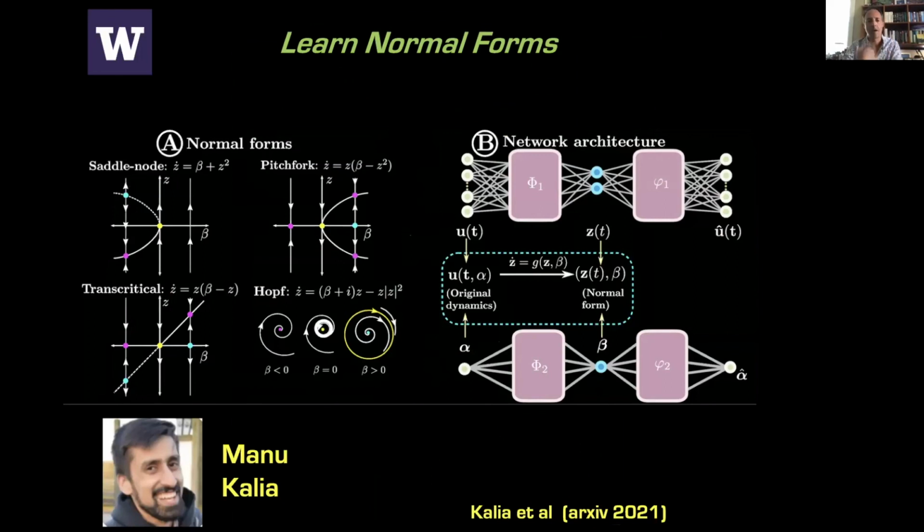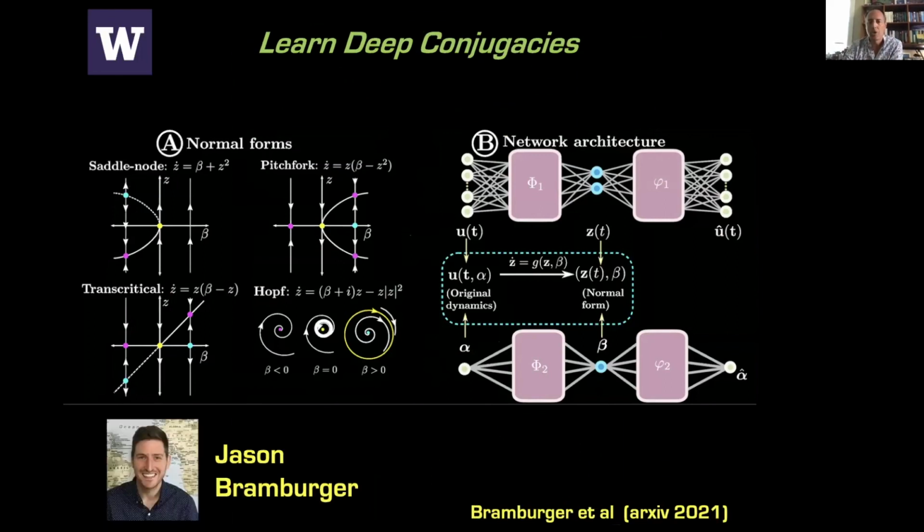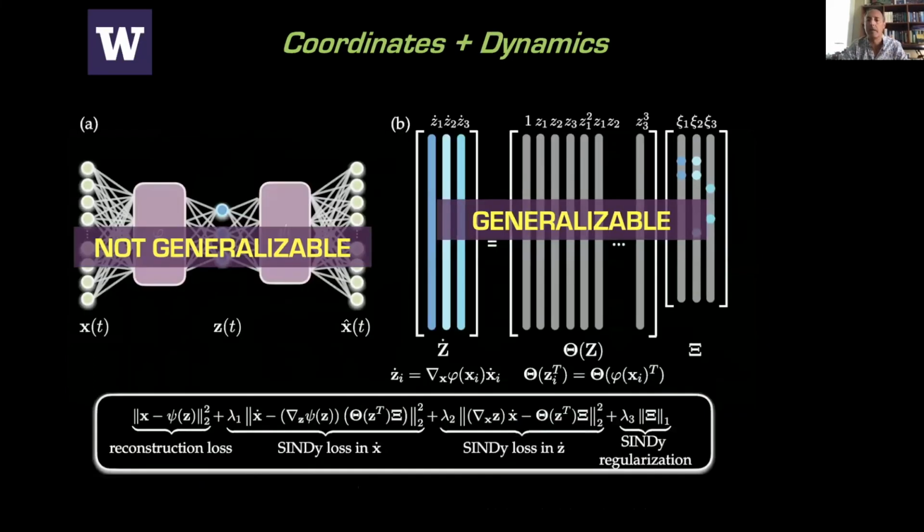This just got put up on the arXiv. We can also take the same kind of structure and learn what are called deep conjugacies for periodic dynamics. There's a lot of infrastructure that can be used in this generic autoencoder dynamics in the middle. I'm not going to go into detail on any of these. I just want to say that it's very modular and allows a lot of flexibility for learning many conceptual pieces in this discovery pipeline.